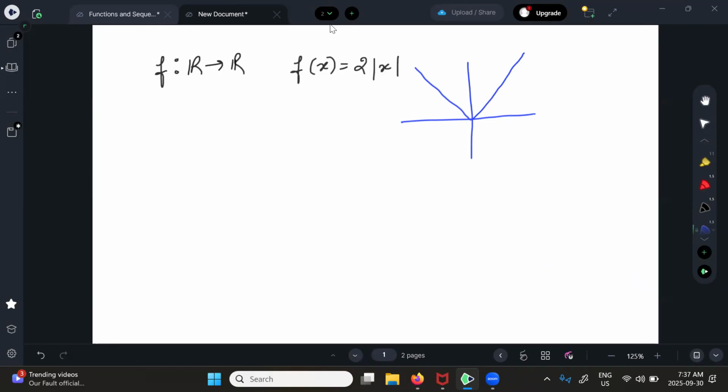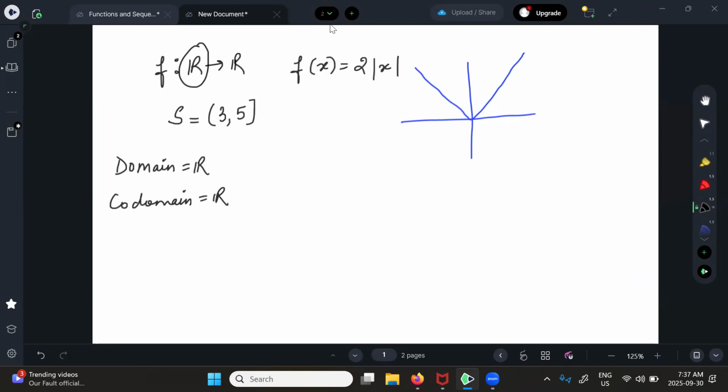We have seen this before. And we are given a subset, which is (3, 5]. What is the domain here? Real numbers, right? What is the codomain? Well, that's again real numbers.